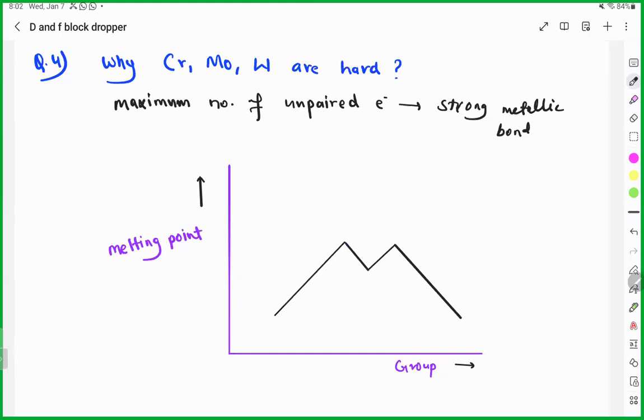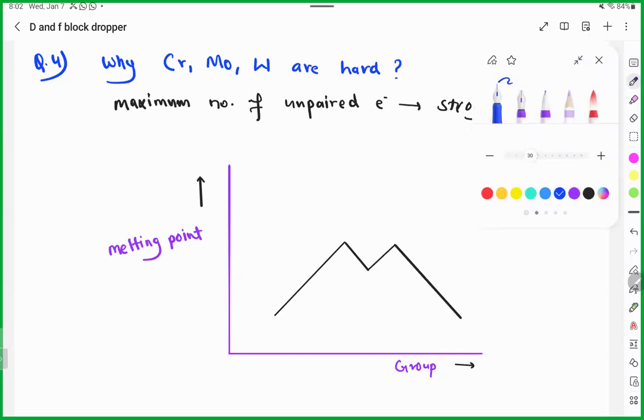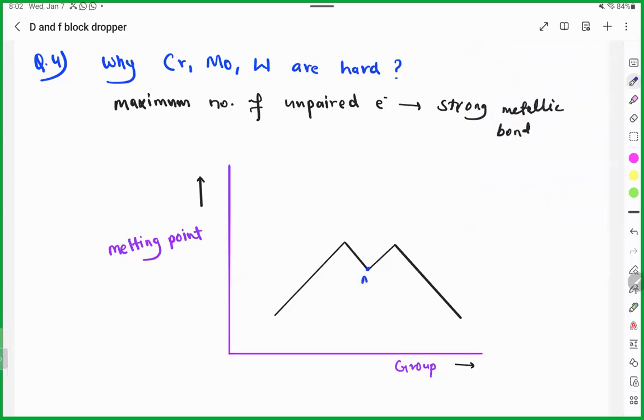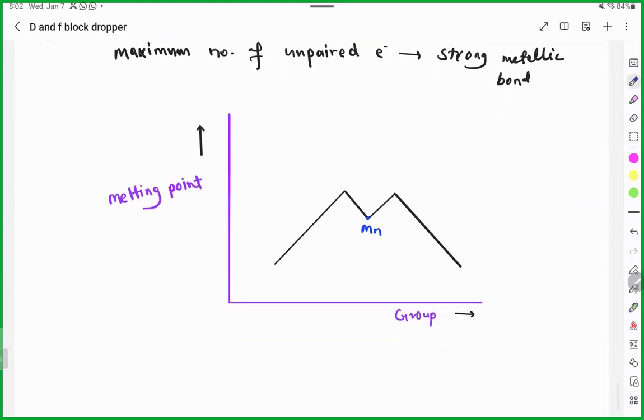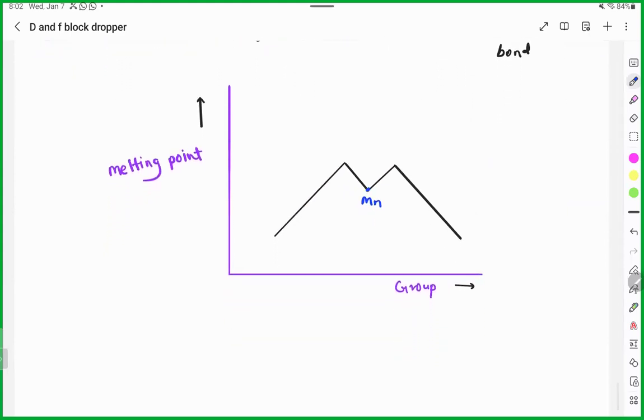And this graph is given in NCERT again. A key question will be asked: why is there a dip in the case of manganese? Because of more unpaired electrons? But it should be maximum in the case of unpaired electrons.